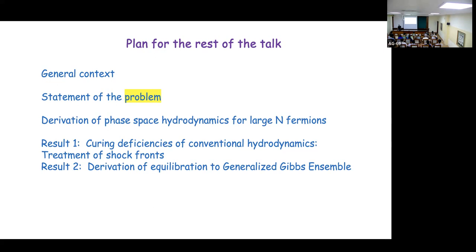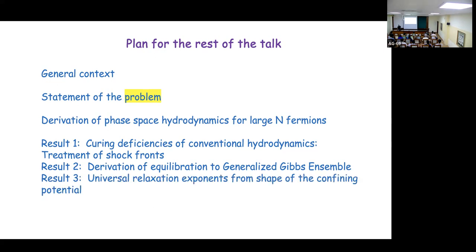I'll explain what those charges are. And then you can also describe the universal relaxation exponent from the shape of the confining potential. There's a universality class of shapes of the confining potential.